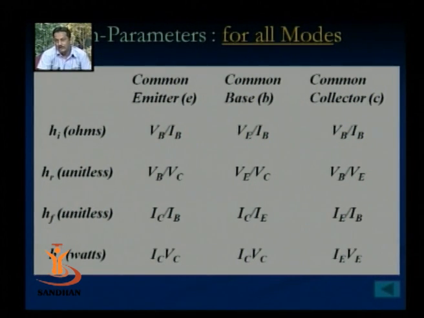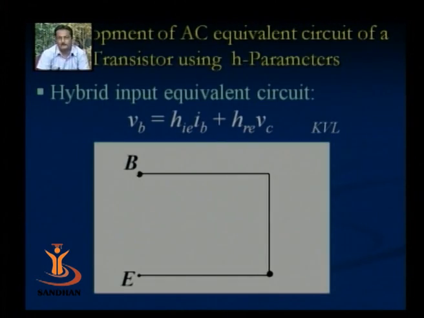So this table illustrates the various H parameters and their designations for common emitter, common base or common collector mode. I, R, F and O go with H, and the second suffix, either E, B or C, goes with the type of mode.